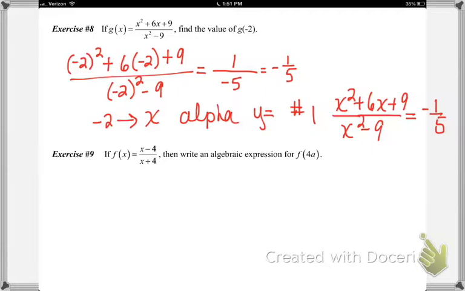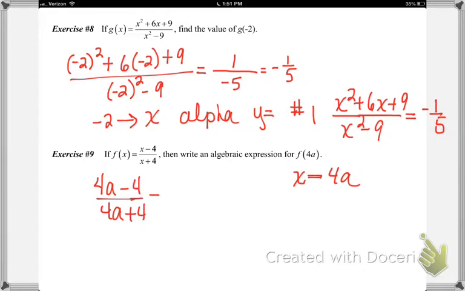Now we're going to rewrite this expression for f of 4a. We have 4a, okay, we do not have a numeric value. We have an algebraic expression there, 4a. So wherever there's an x, we're going to plug in 4a. So let's rewrite this as 4a minus 4 over 4a plus 4.